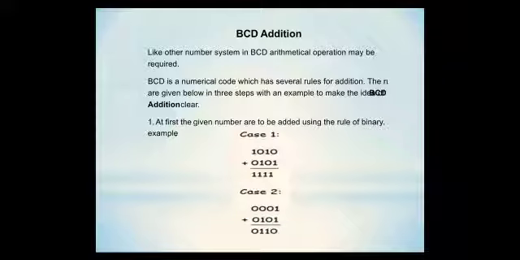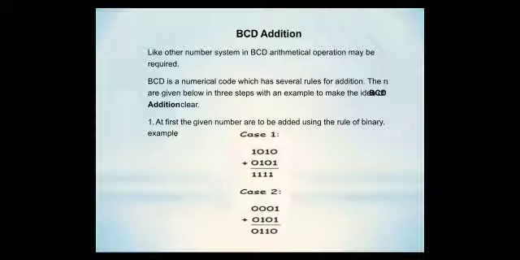The first step is that the given numbers are to be added using the rule of binary. For example, in the first case, I am adding two binary values. 1010 means 8 plus 2 is 10, the binary equivalent value is 1010.